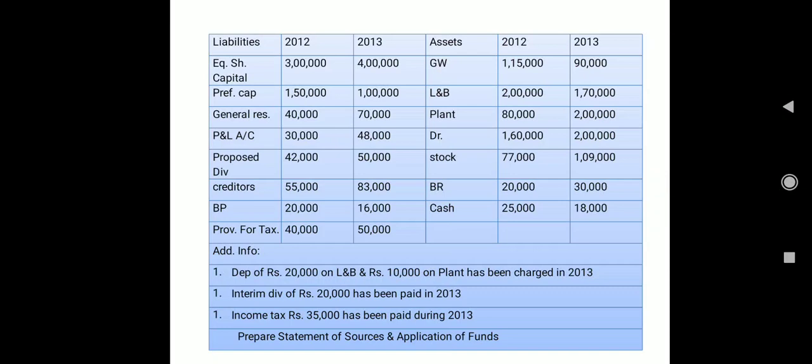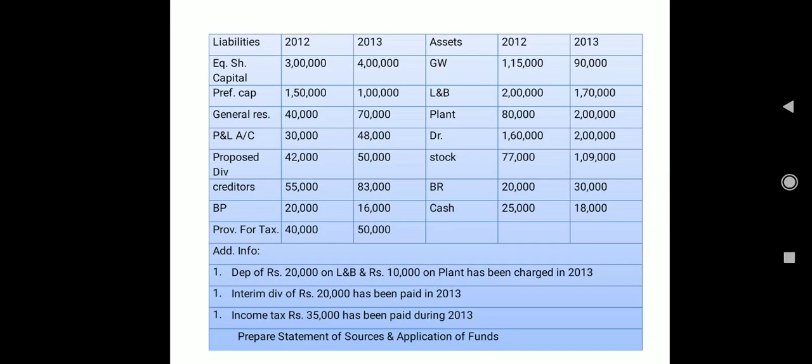If no other information is given in the question, such as issuing the extra equity shares to purchase machinery or something else, then in simple terms we assume that 1 lakh is our source of fund. We are going to get 1 lakh rupees as fund.